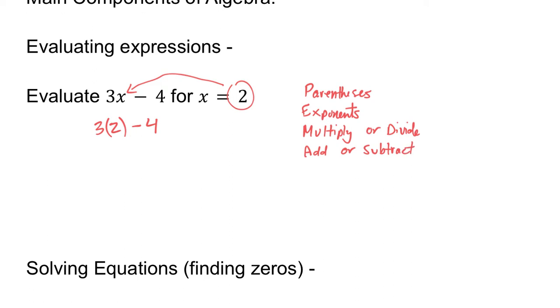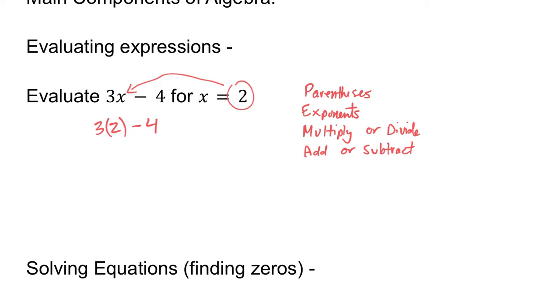And when I say multiply or divide, I mean from left to right. And when I say add or subtract, I mean that from left to right. And I'll have specific exercises and lessons all about evaluating expressions. This is just an overview right now.